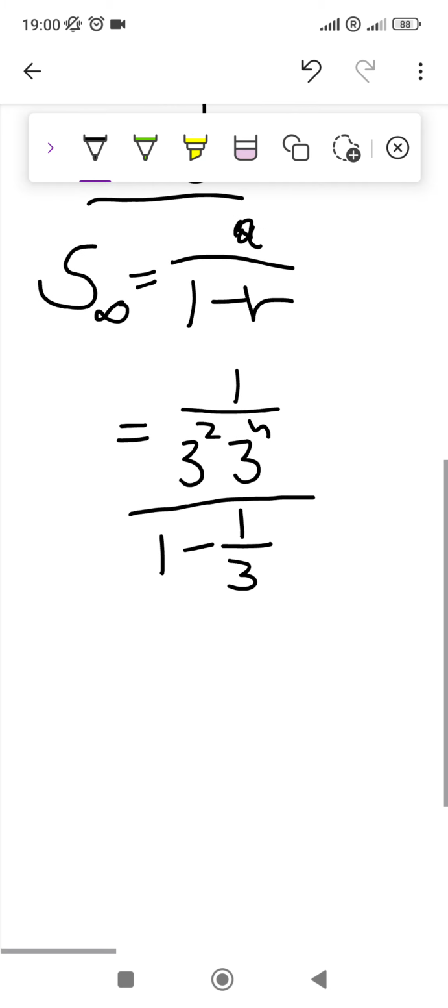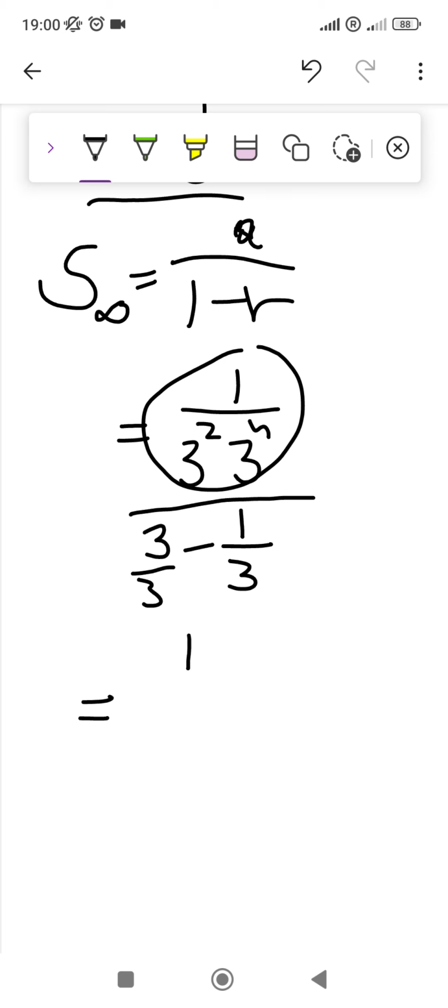All right, so let's just do some manipulation over here. Let's take this 1 over here, and we're going to rewrite it as 3 over 3. Now my numerator I'm going to write exactly the same: 1 over 3 squared times 3 to the power of n. Then multiply. I'm going to take the reciprocal of my denominator.